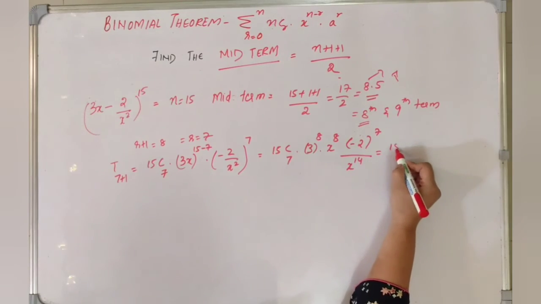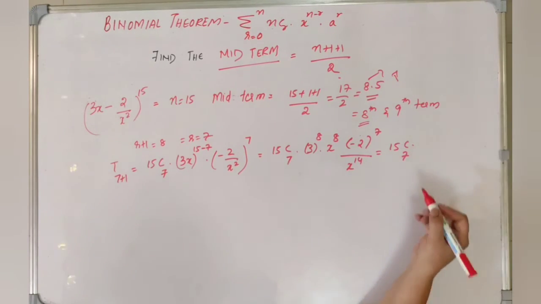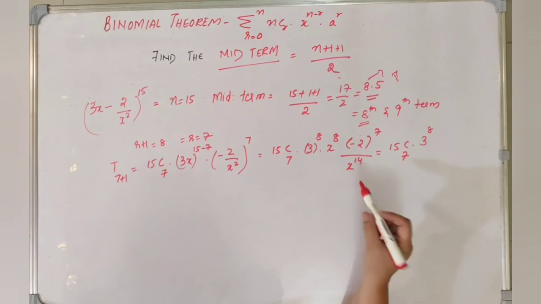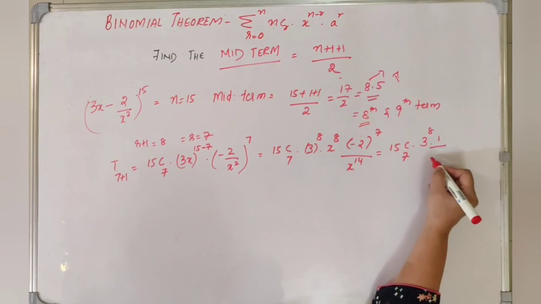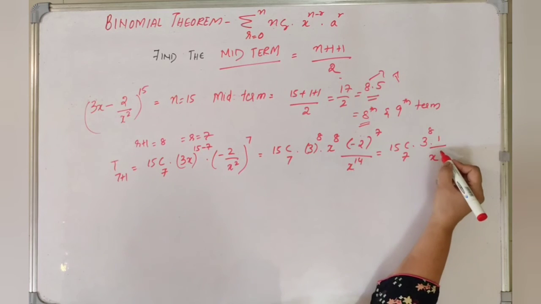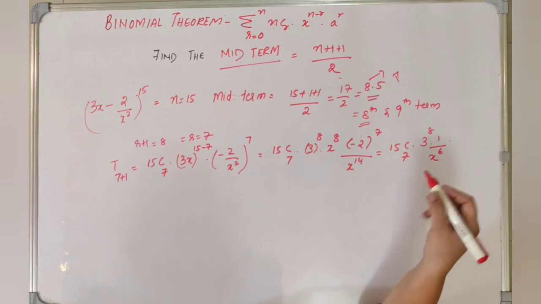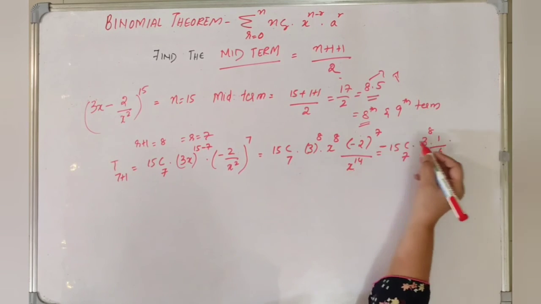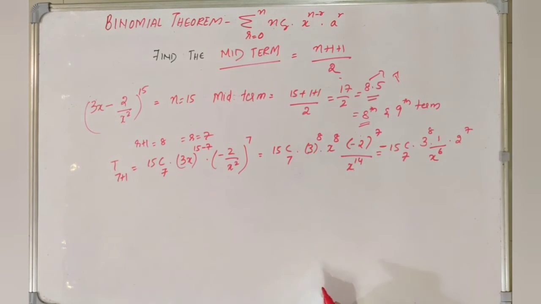Further simplifying, we keep 15C7 and 3 to the power 8. x to the power 8 and 14 will get cancelled, so we'll have 1 over x to the power 14 minus 8, which is 6. And since the power is odd, we'll have a negative sign here and it will be 2 to the power 7.